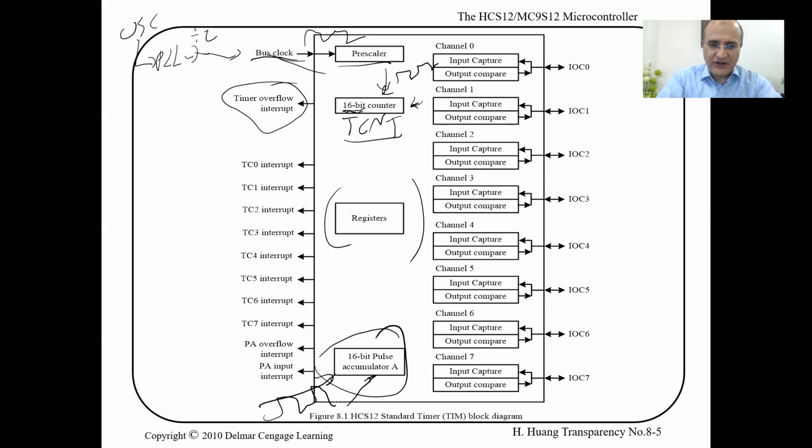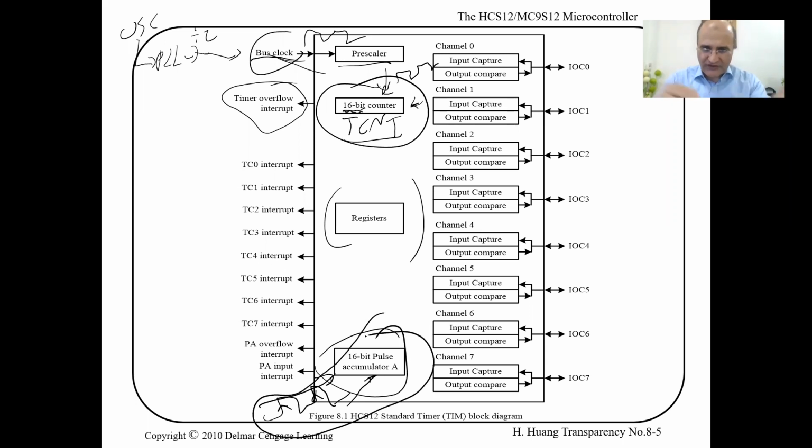You can feed it a pulse coming from somewhere, and it will increment every time a pulse comes, so you are able to count pulses. Every rising edge you increment by 1. The TCNT also counted pulses, but the pulses of the clock. Here you are able to count other pulses, other than the clock, coming from other input pins.